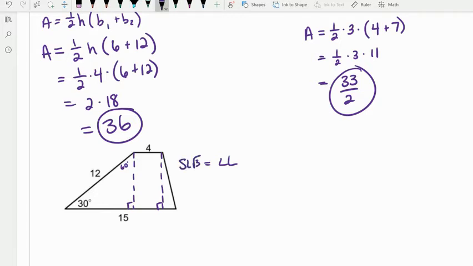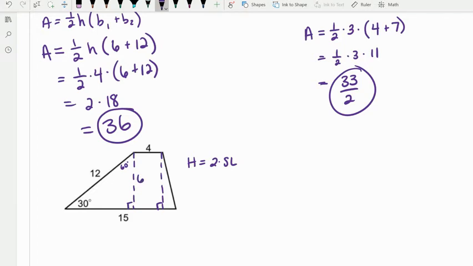So if my long leg, we don't know the long leg, do we? No, we don't need the long leg. Wrong formula. We've got the hypotenuse over here is 12. So the hypotenuse is equal to 2 times the short leg. That's the one that makes sense, right? So if our hypotenuse is 12, then that means that our short leg is 6.